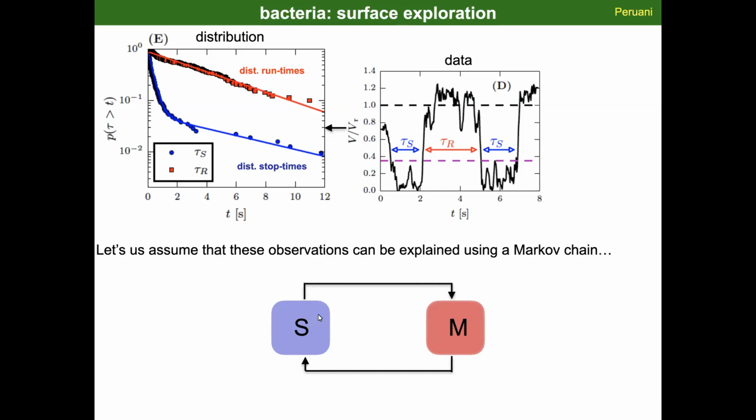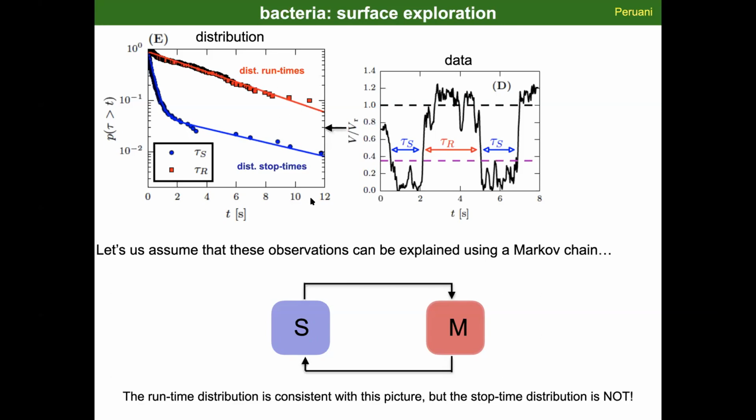But if you use a Markov chain with two states, you will get the correct description for the run time distribution, but you would also get an exponential, a straight line in a log-linear figure, for the stop times. And this is not what we observe here.